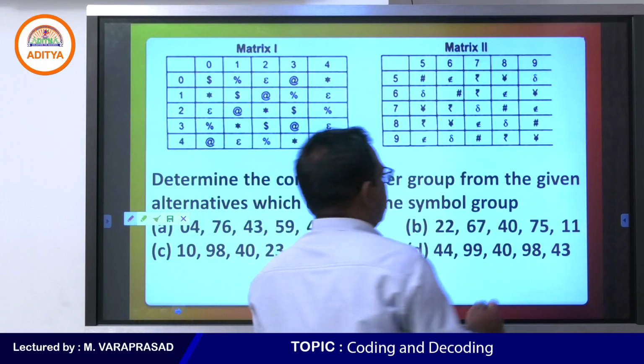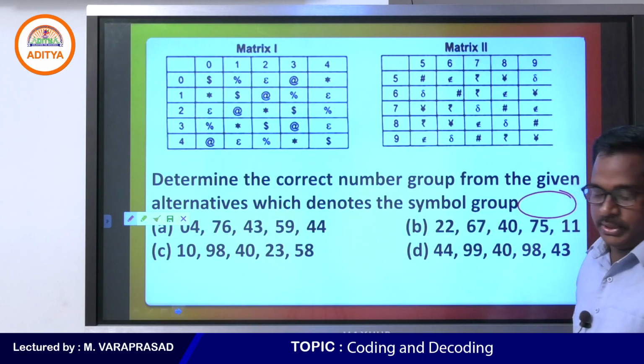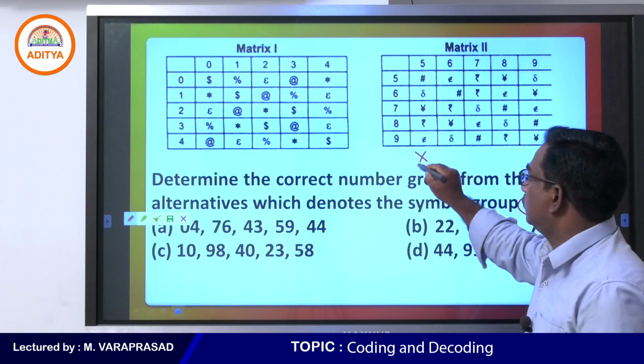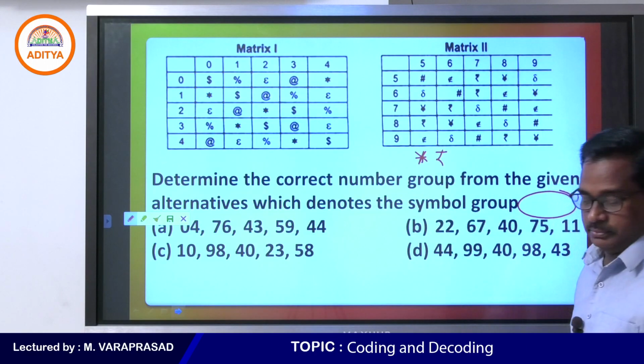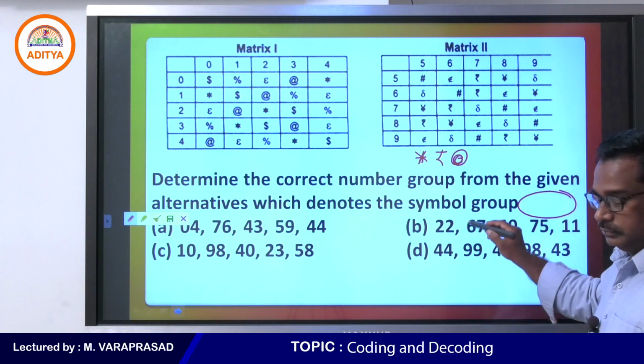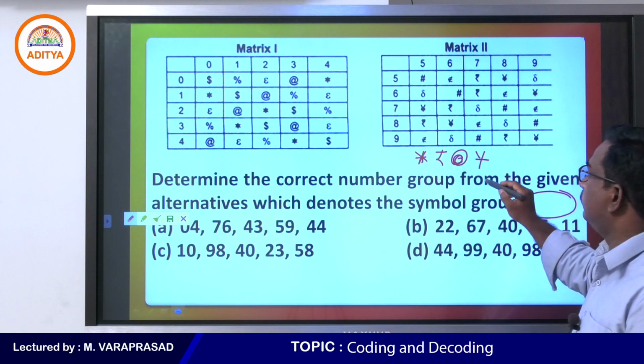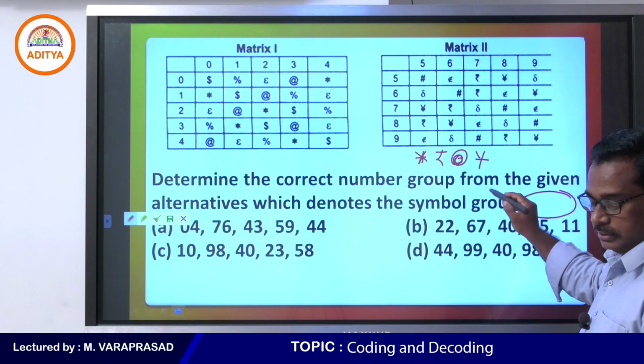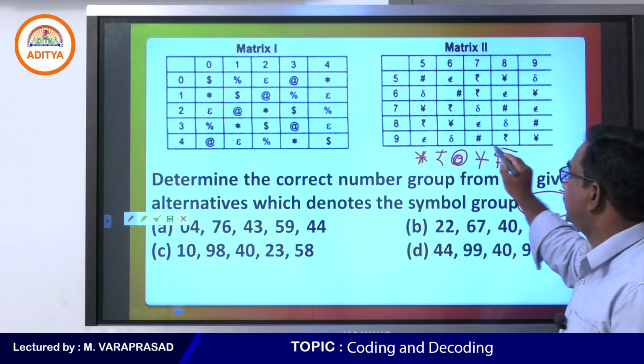The question I am writing here is: star and another symbol and one more symbol and one more symbol. How will you represent this one?